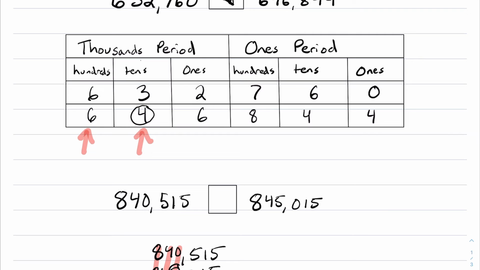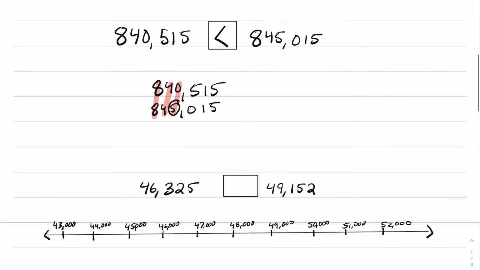So we know our 845,015 is a greater number than 840,515. So we are going to need the less than symbol again because 840,515 is less than 845,015.